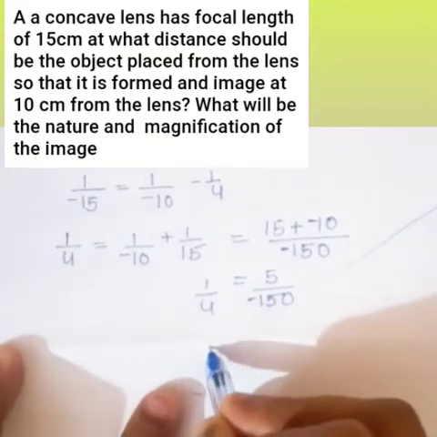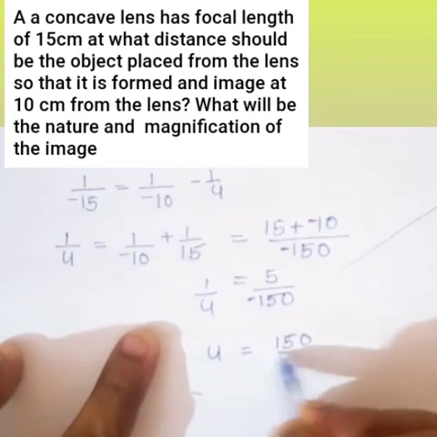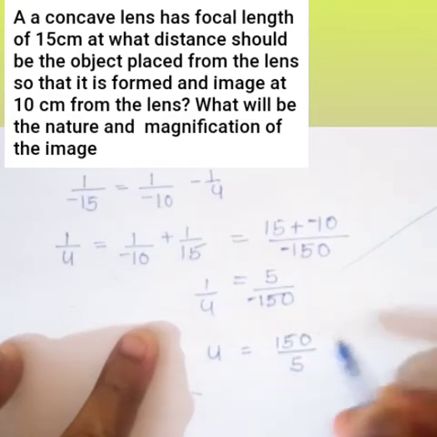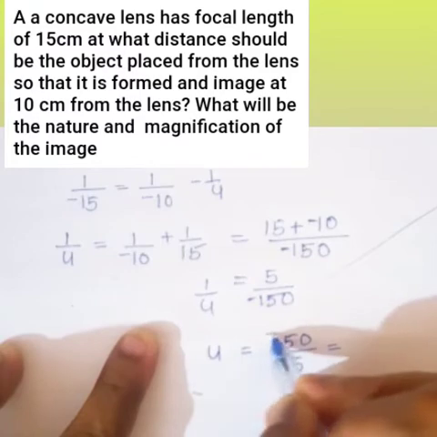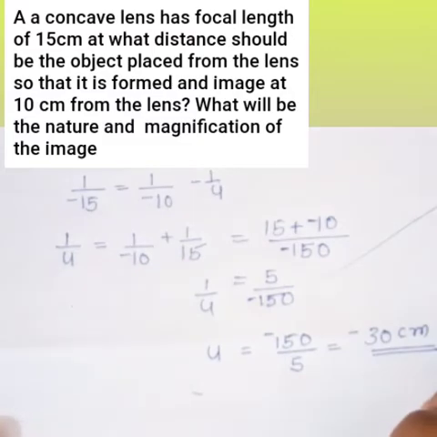Then how can you find out u? u is equal to 150 divided by 5, which is minus 30 centimeter. So the object distance is 30 centimeter. The negative sign means that the object is on the left side, at a distance of 30 centimeter from the lens.